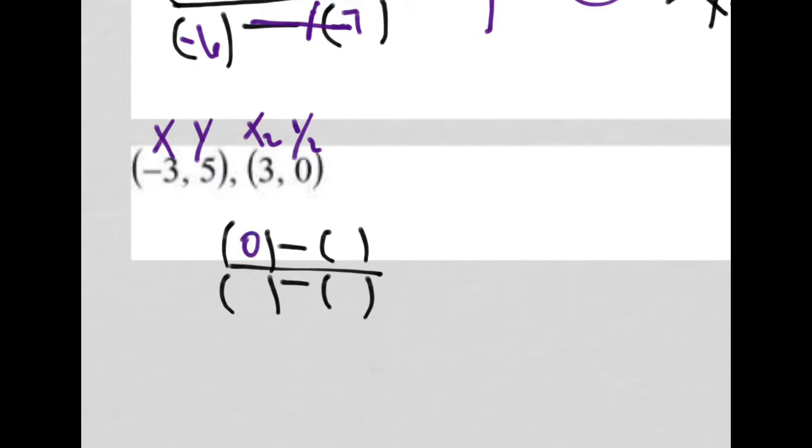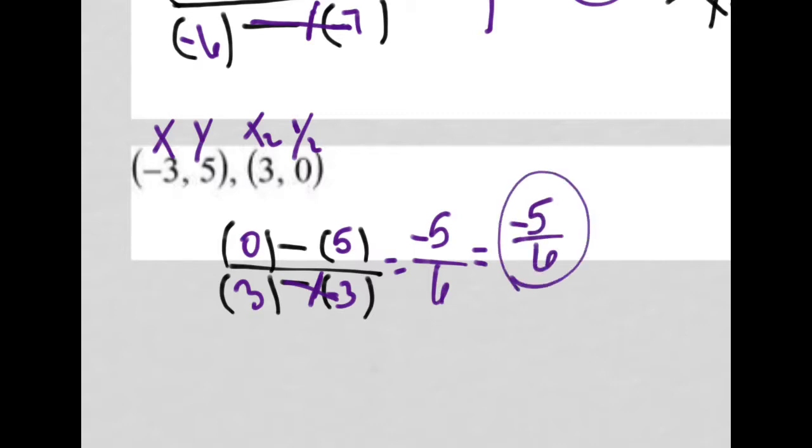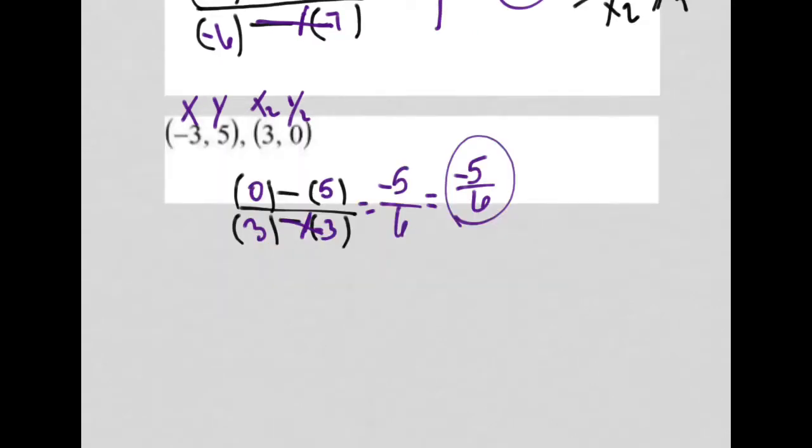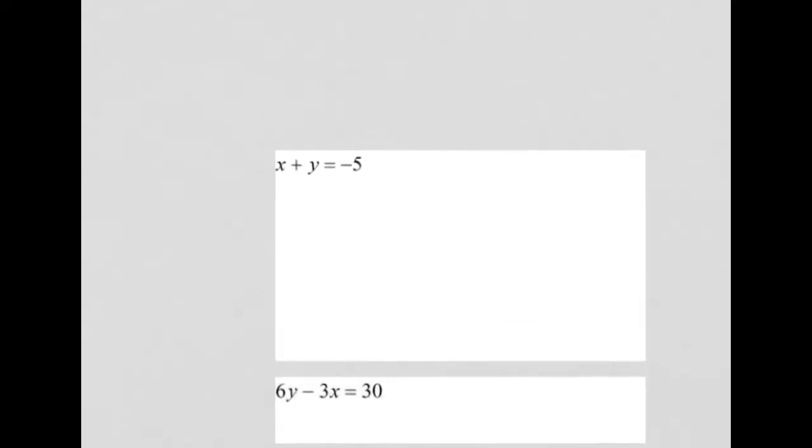So I have 0 minus 5, and I have 3 minus a negative 3. 0 minus 5 leaves me with a negative 5. 3 minus a negative 3 really means add, so I end up with 6. Negative 5 over 6 will not reduce, so that is my answer, and I am done. Hit pause if you would like to do 15 and 16, but I'm going to move on to number 17.